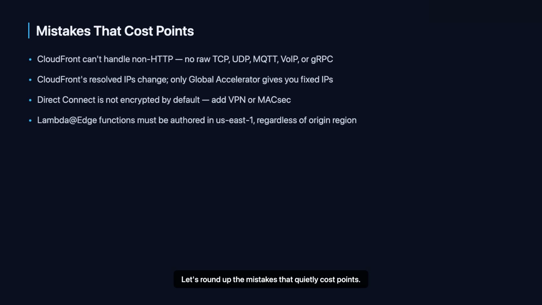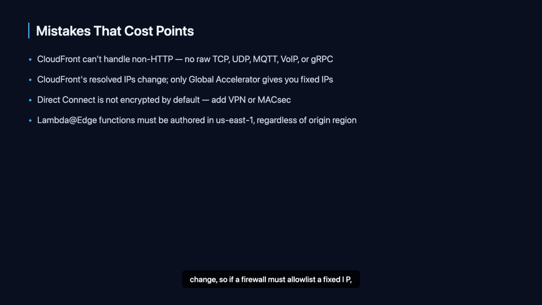Let's round up the mistakes that quietly cost points. First, CloudFront can't handle non-HTTP traffic. No raw TCP, no UDP, no MQTT, no voice over IP, and no gRPC. Those all belong to Global Accelerator or a direct load balancer. Second, CloudFront resolves to a domain name whose IP addresses change.